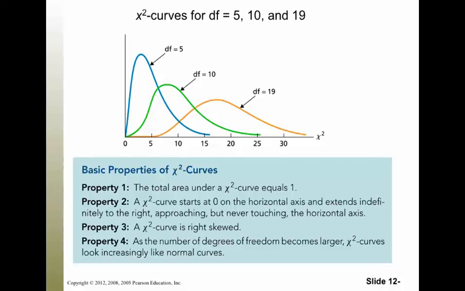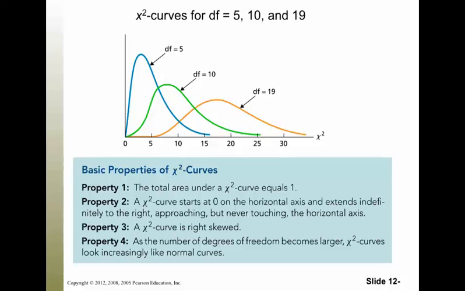Here are some properties of the chi-square curve. The total area under the curve is 1, just like the normal distribution, and the areas represent percentages or probabilities. A chi-square curve starts at 0 and extends indefinitely to the right, approaching but never touching the horizontal axis. That's similar to the normal distribution, but the normal distribution does that on both sides.